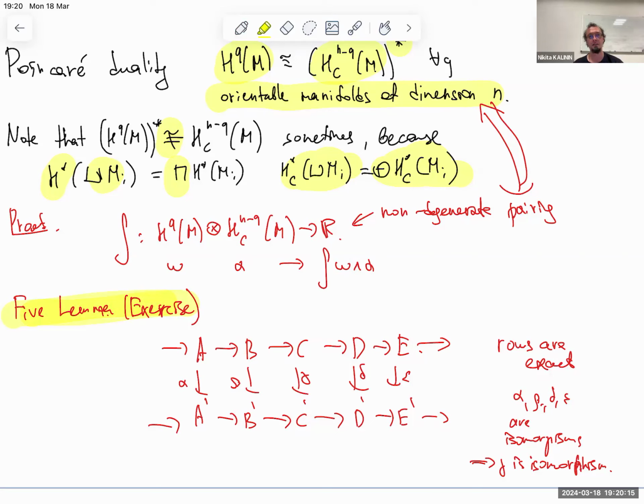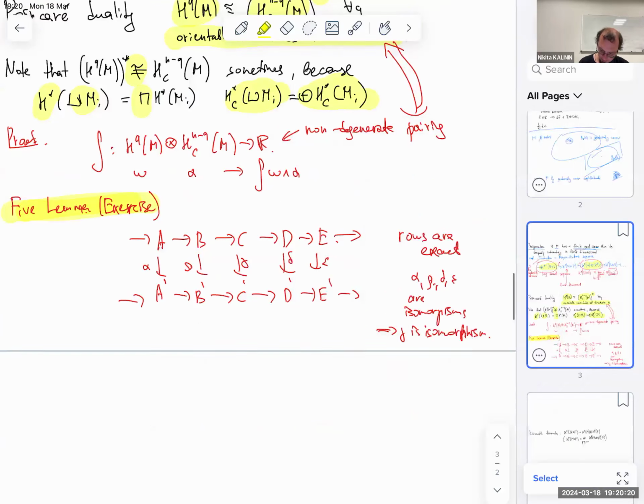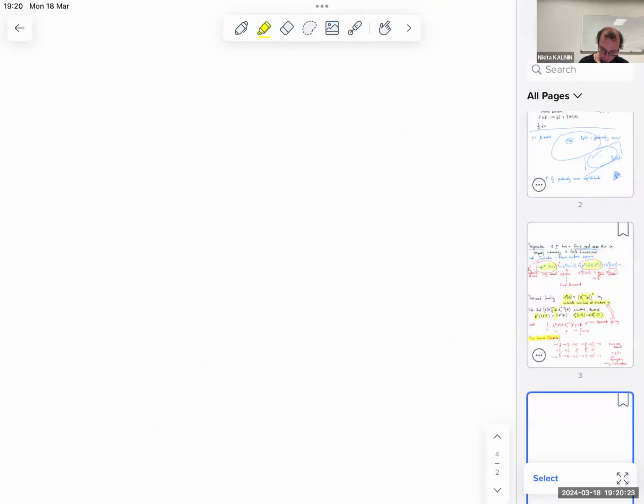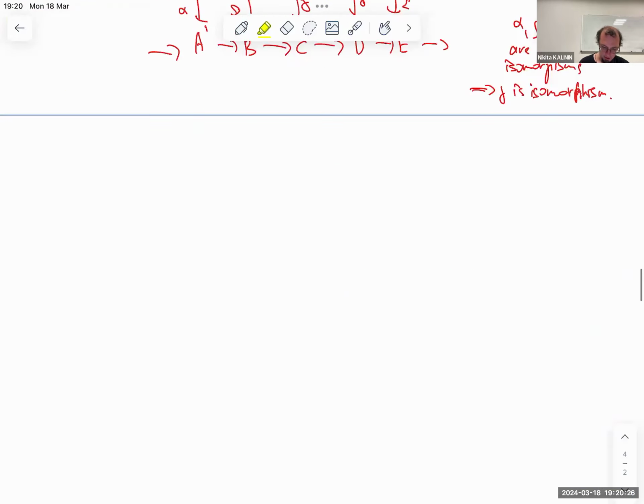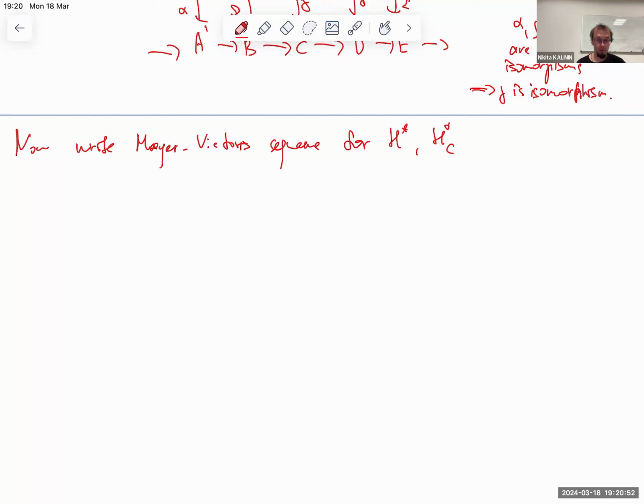Now let's prove Poincare duality again using this lemma and the Mayer-Vietoris sequence. Now write the Mayer-Vietoris sequence for both cohomology and cohomology with compact support. Let me try to draw it.